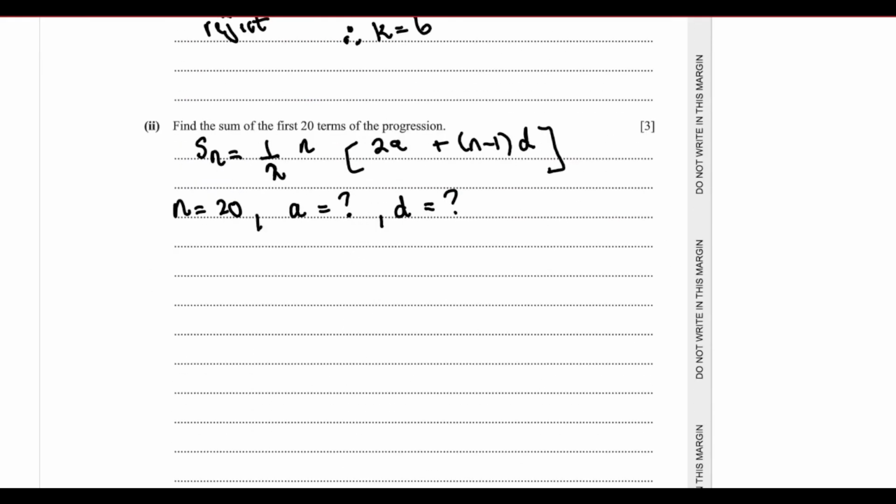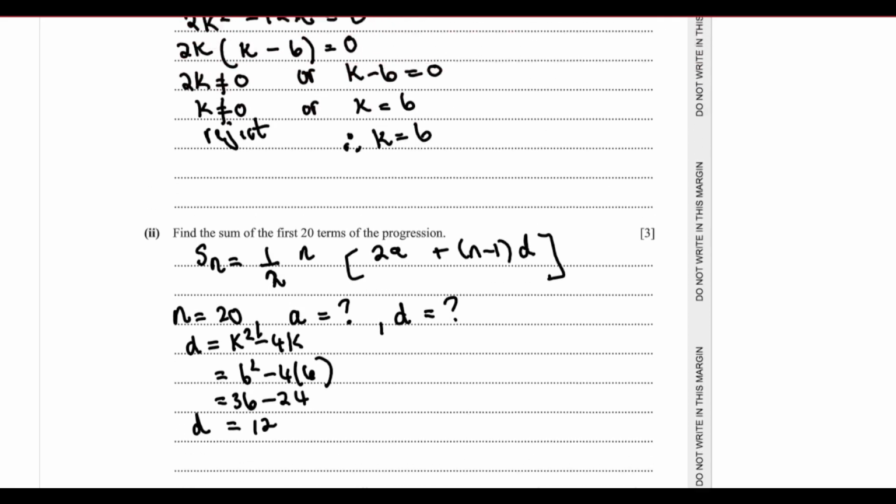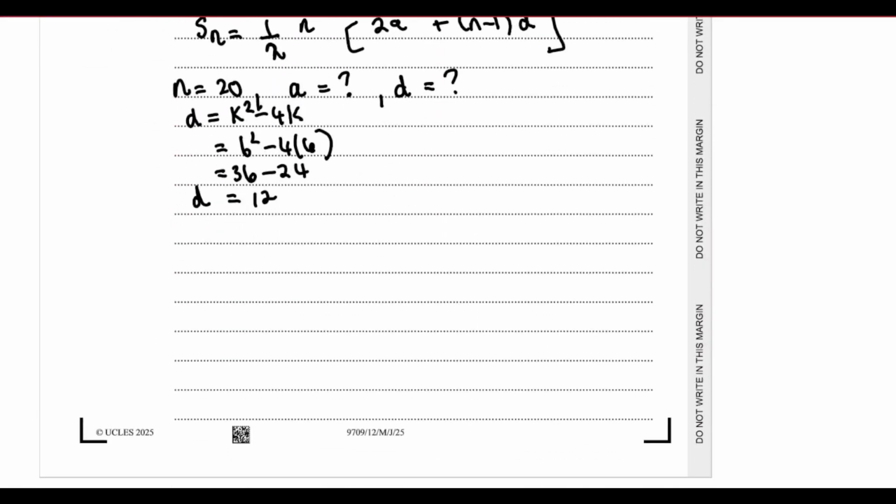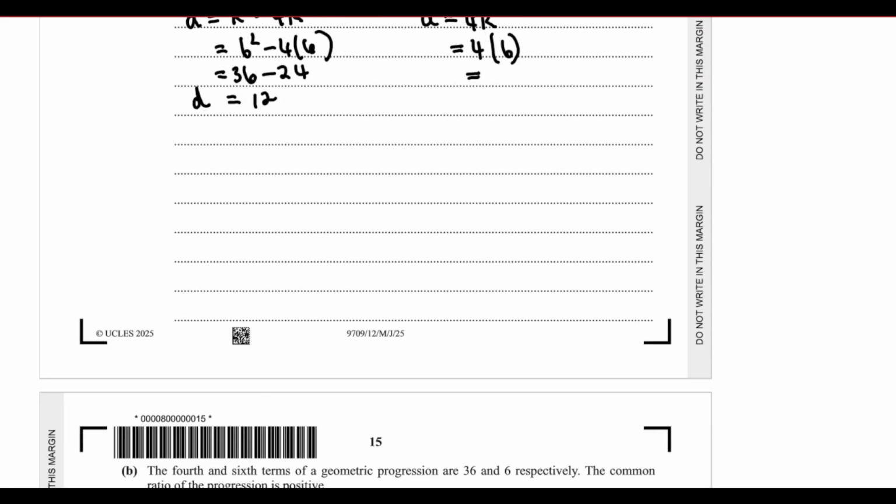Let's say d is k squared minus 4k, and we know k is 6 now. So 36 minus 24 is 12. Okay, what is a? a is the first term. We know the first term is 4k. So 4 times 4 is, oh no, not 4 times 4. 4 times 6. k is 6. I'm thinking of another question. 24.